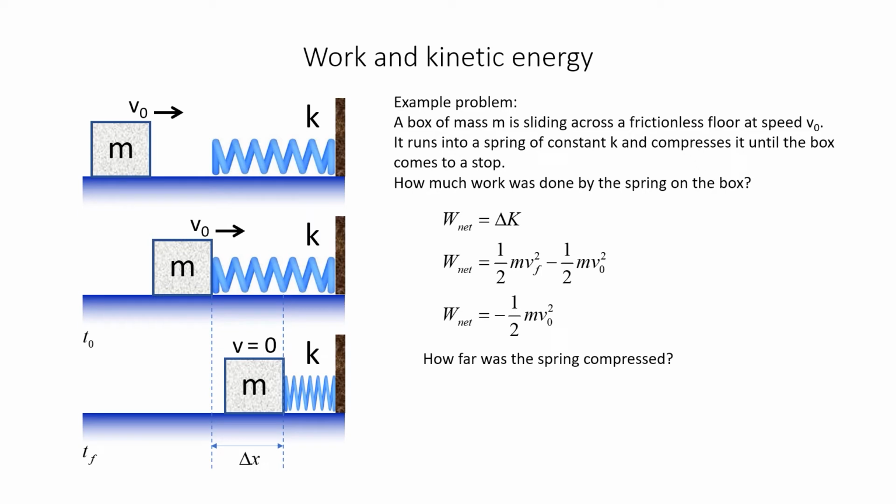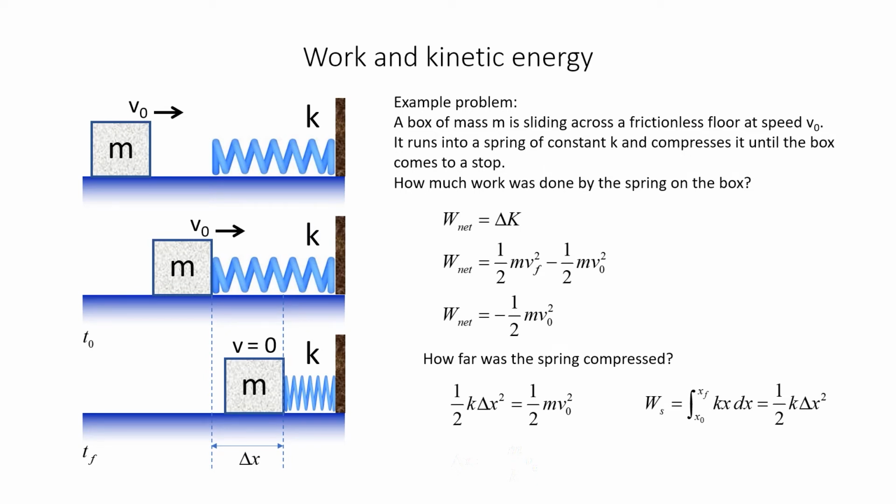We can also find out how far the spring was compressed. We've defined that delta x as x0 and x final from the second and third diagram. The work would actually be negative 1/2 k delta x squared equals negative 1/2 m v0 squared. Here we've canceled the minus signs.